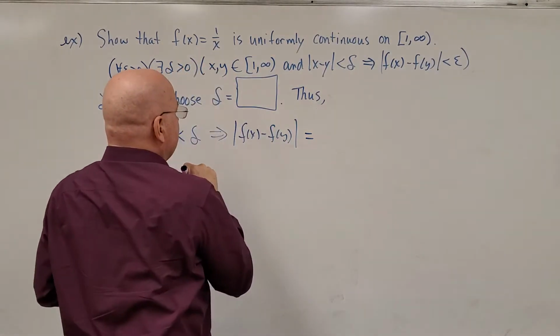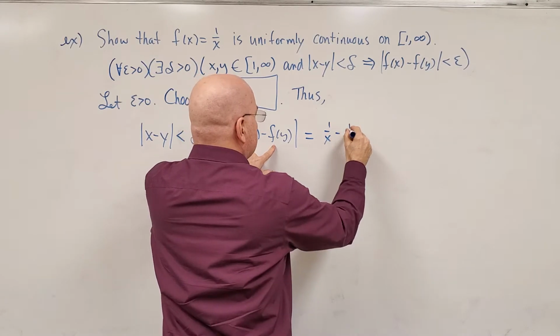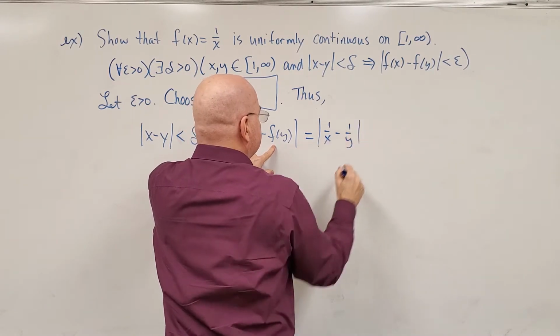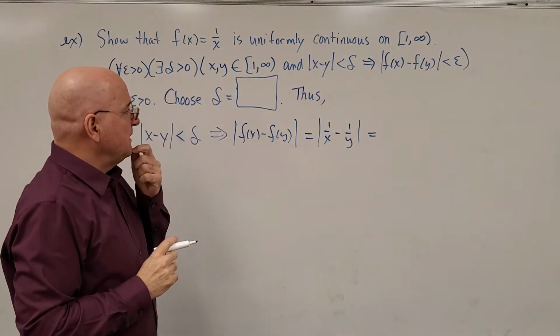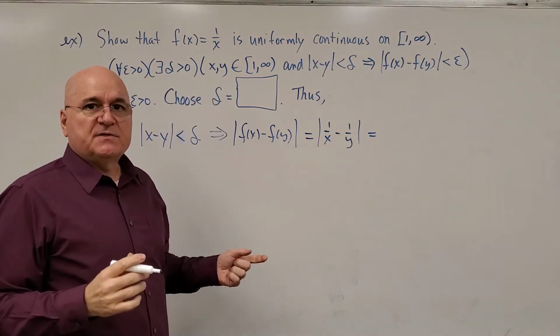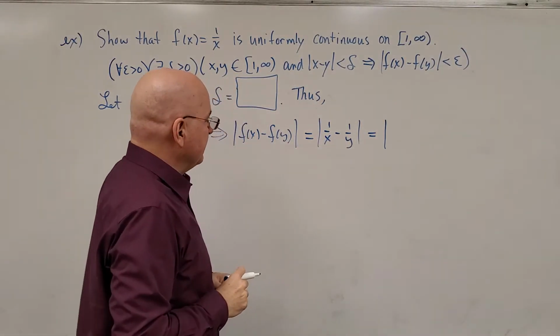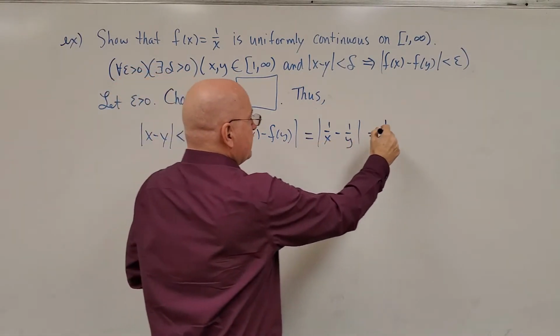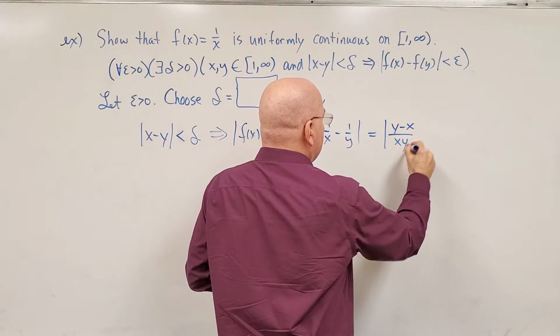Well, f of x is 1 over x minus 1 over y, f of y. Now I think I'm going to combine those into a single fraction with the common denominator being xy. I would get y minus x over xy.